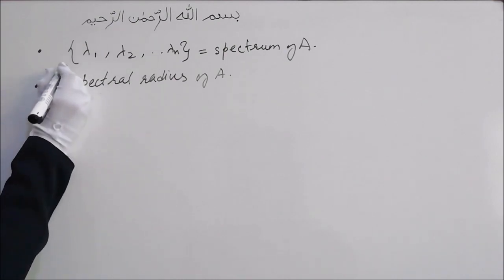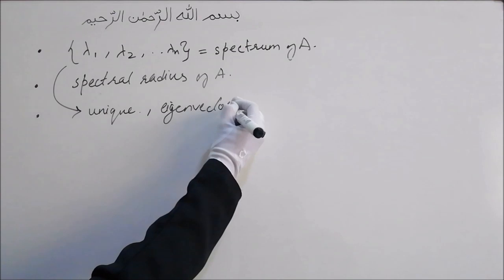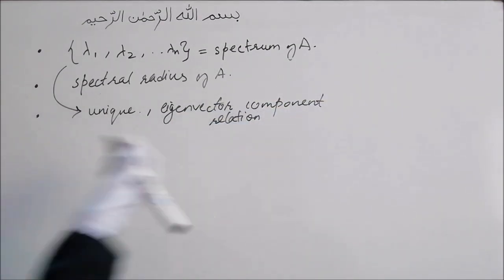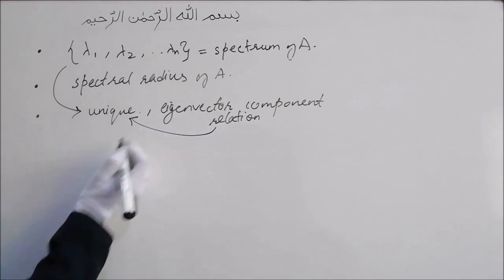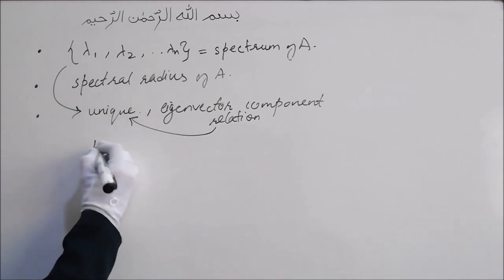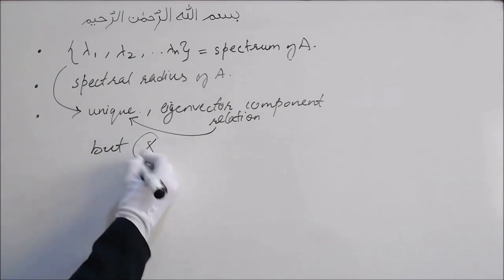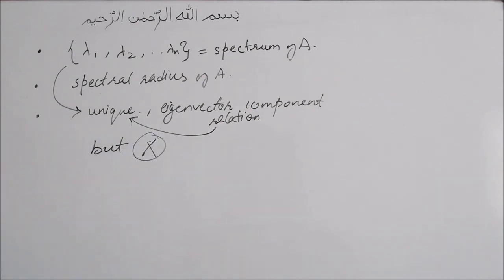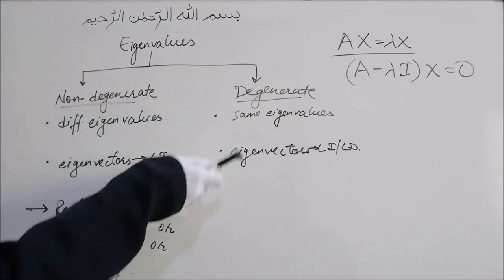Now these eigenvalue sets are always unique. The eigenvector component relation is also unique, but the corresponding eigenvectors of A, that is x, may or may not be unique. The eigenvalues can be either non-degenerate or degenerate.